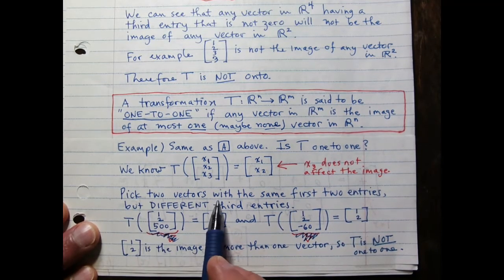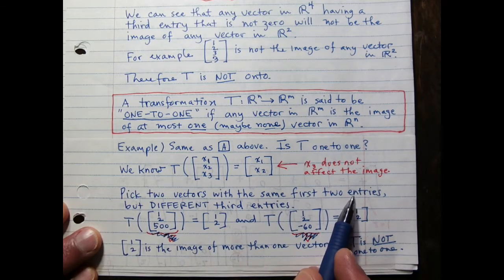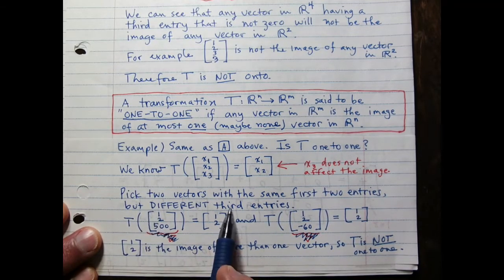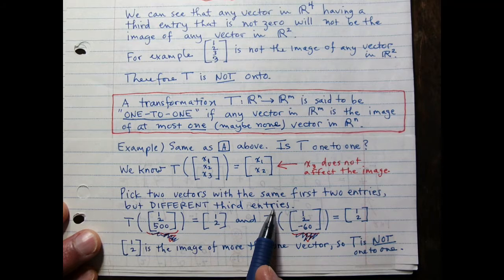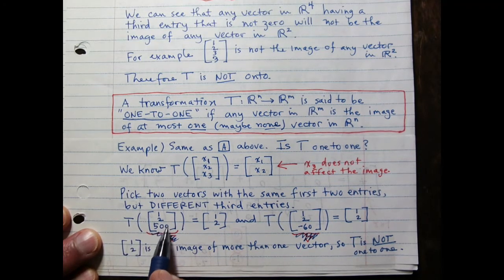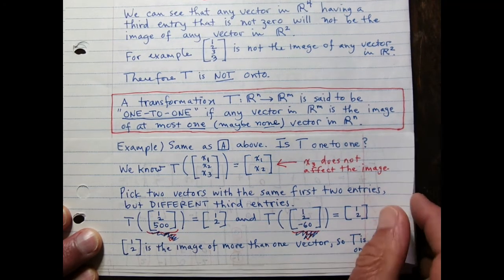So if I pick two different vectors with the same first two entries, but different third entries, let's look at what happens. Well, T of (1, 2, 500) is going to be (1, 2). And T of (1, 2, -60) is going to be (1, 2). So (1, 2) is the image of more than one vector, so T is not one-to-one.